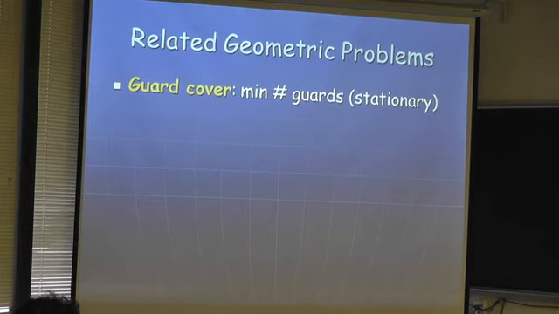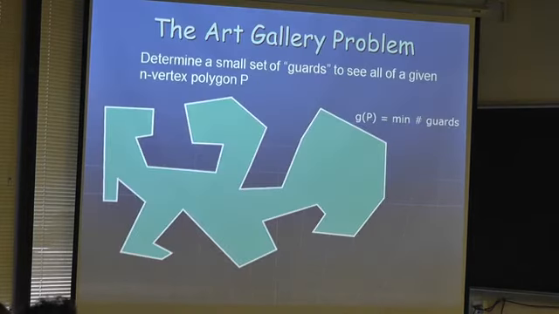In the geometric setting, I gave a math club talk here not that long ago, I don't remember when. We talked about the classic art gallery problem. And there you're doing an optimal visibility coverage, but your metric is not length of a tour. These are static guards, and your metric is the cardinality of the set. How many guards are there? You want to minimize the number of stationary guards to see a polygon. So a classic example, I give you a simple polygon. There's a potential guard.